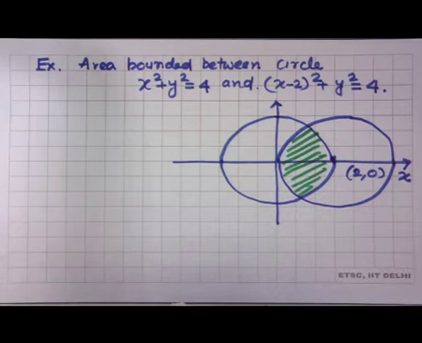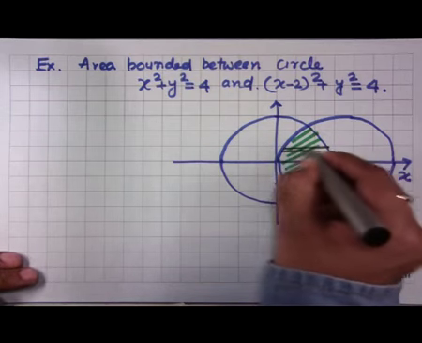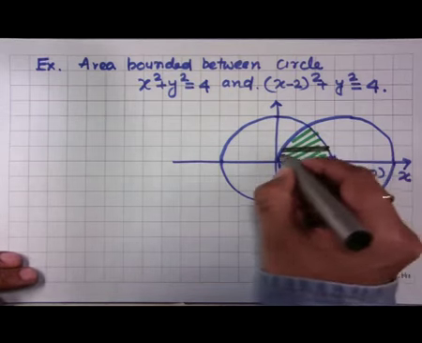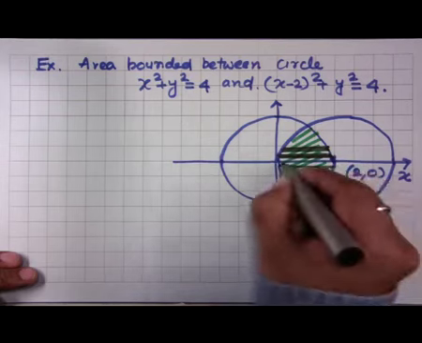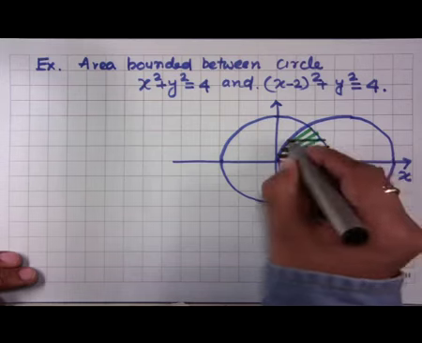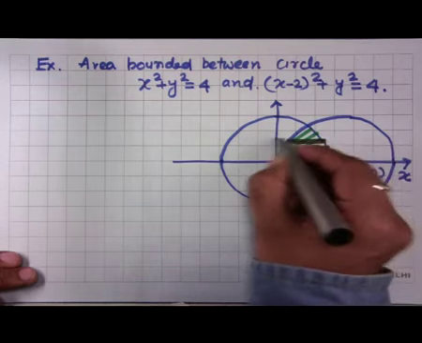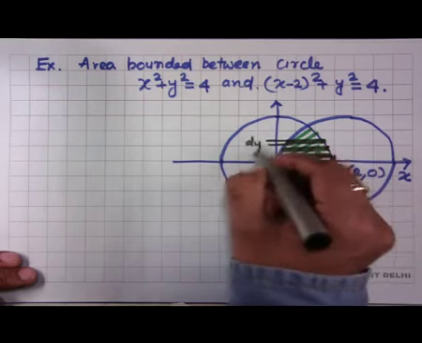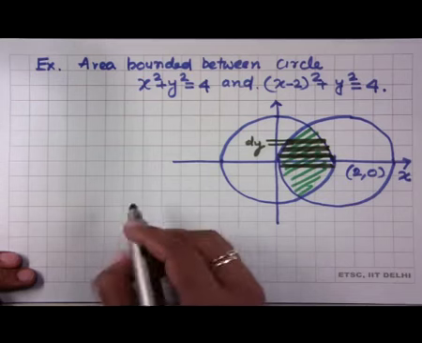To find out this, let us divide this area into very thin horizontal rectangles like this, and say the width of one horizontal strip is dy.